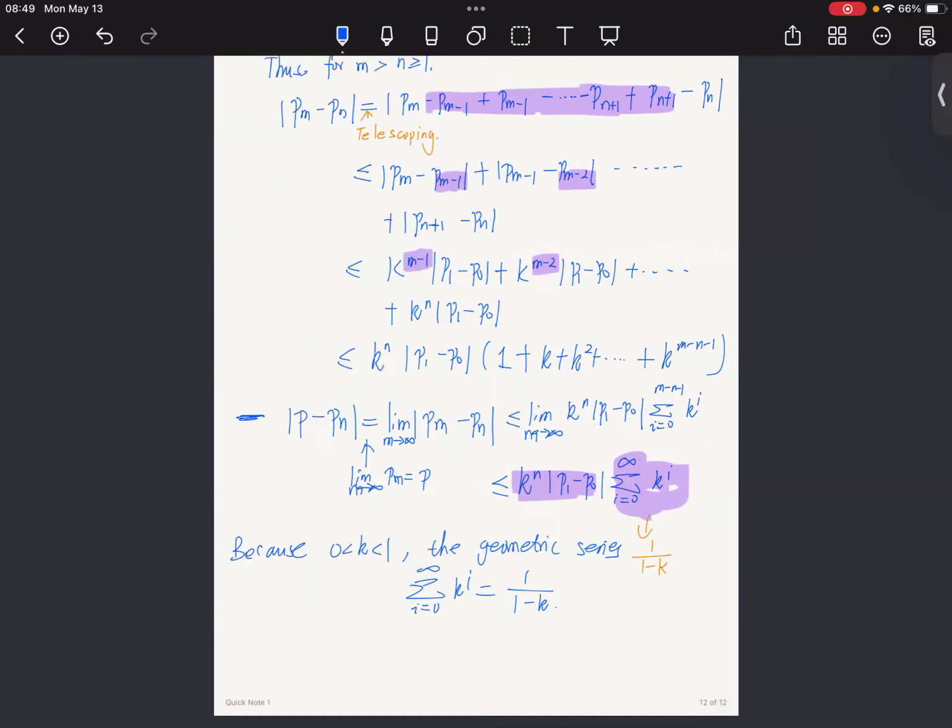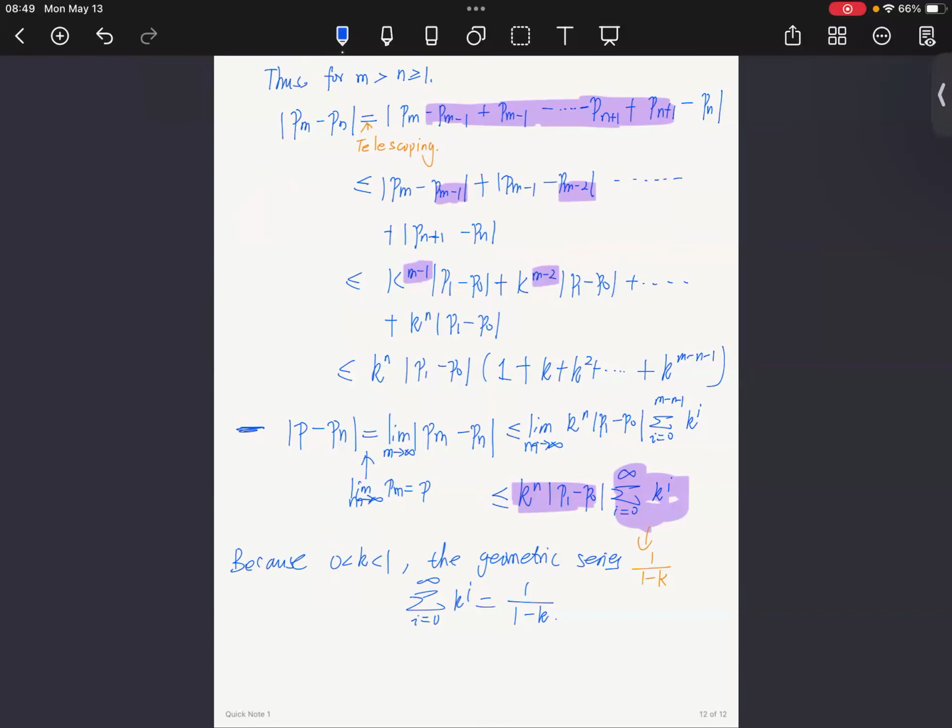Does it make sense? So at the end of the day, we can conclude that p minus p_n is smaller than or equal to k^n divided by 1 minus k, times p_1 minus p_0. Any question here?